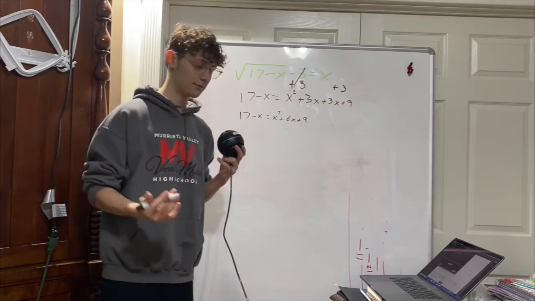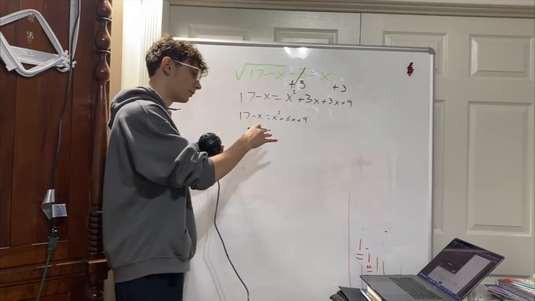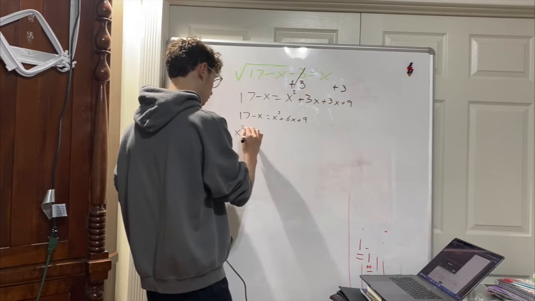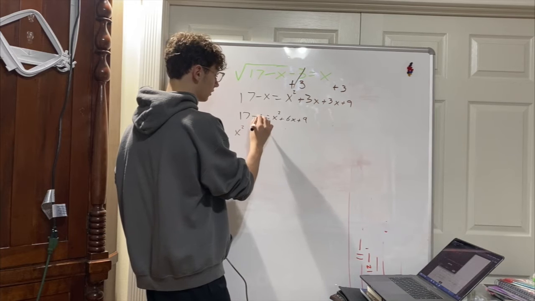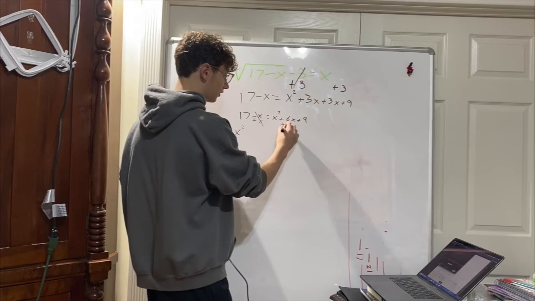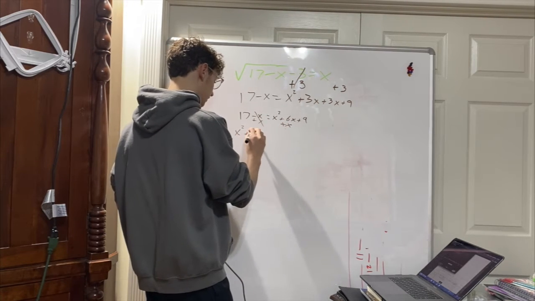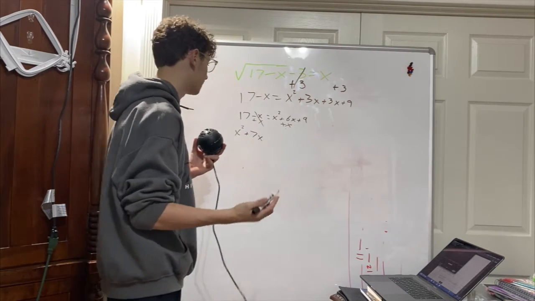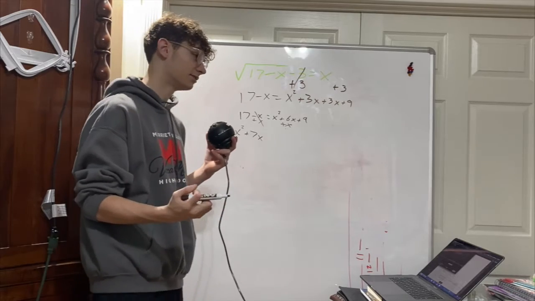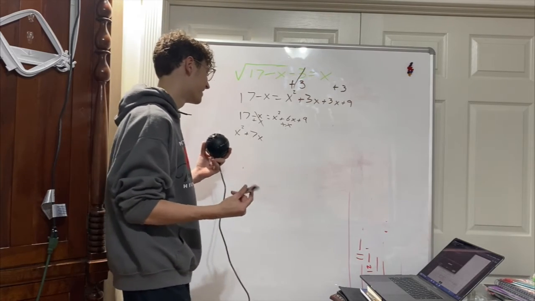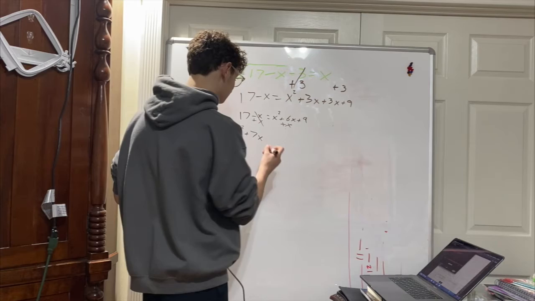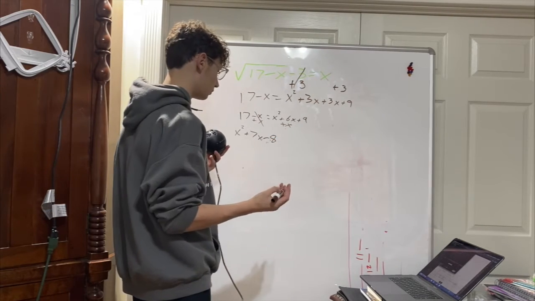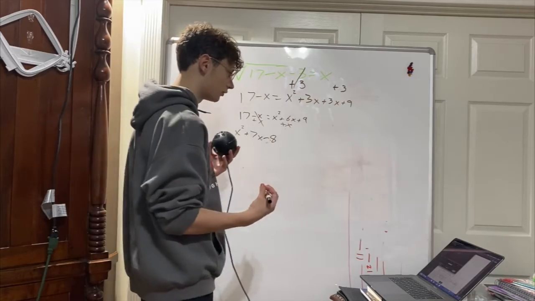And then obviously you want to combine both sides of the equation, so it's going to be x squared plus 7x minus 8, if I'm doing very basic math correctly. Yeah, it's 8. Minus 8.